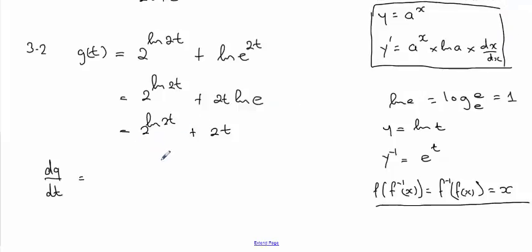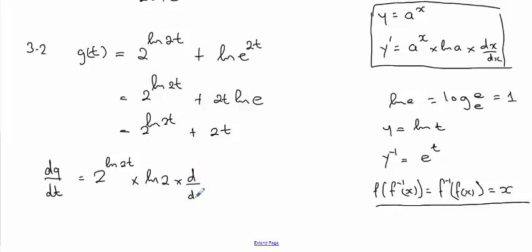In this case, you are dealing with a function of t. So what would happen here is an exponential function bouncing back in the derivative exactly as it is, multiplied by the ln of the base, in this case ln of 2, then multiplied by the derivative of the argument.